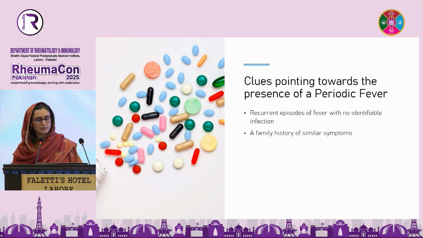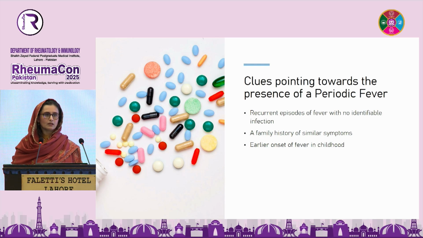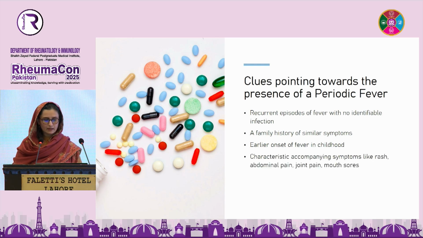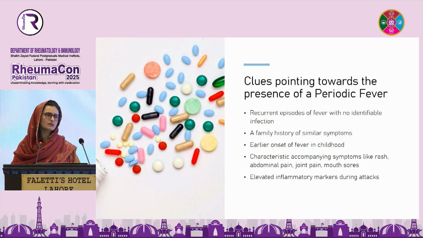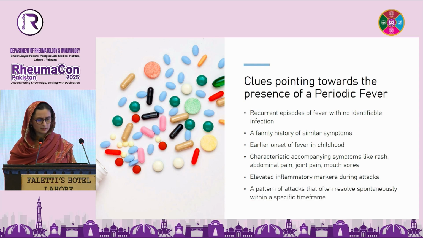Then a positive family history is often present. They usually tend to occur in the initial years of life. And then there are certain characteristic accompanying symptoms like rash, abdominal pain, joint pain, mouth sores, and chest symptoms. And all of them always present with elevated inflammatory markers.